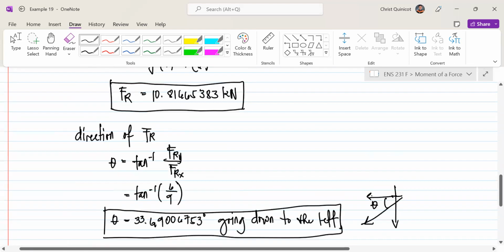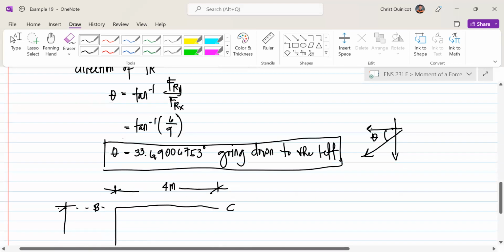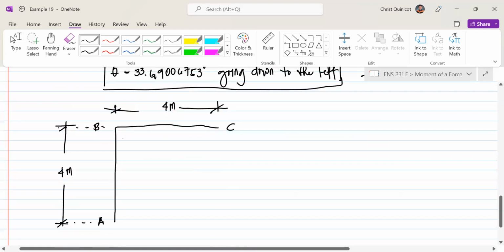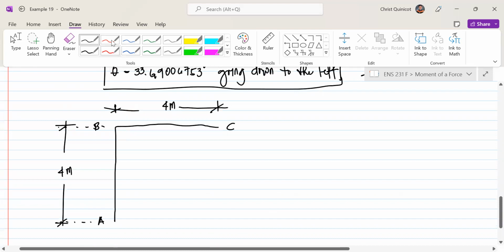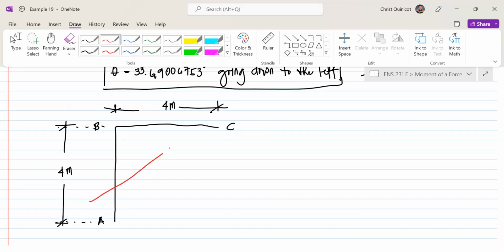Now we already know that our resultant force is going down to the left. So we will let this be the line of action of our F sub R. Of course it follows that this is theta.